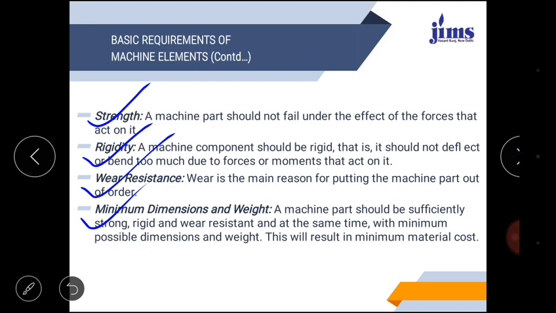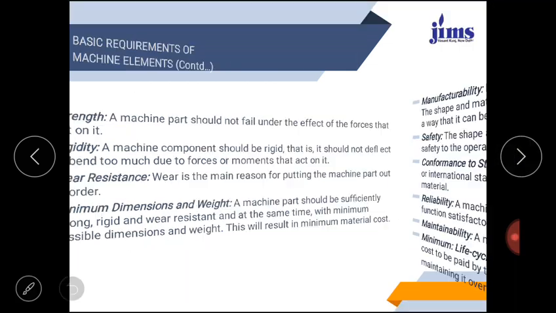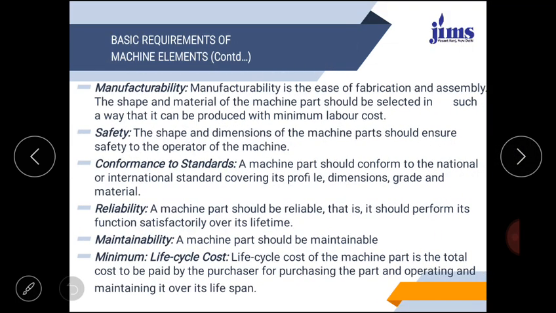In the next slide you will see another requirement, that is manufacturability. As the name suggests, it is the ability to be manufactured. Your dimensions and your shape should be in such a way that it is easy to manufacture, or its labor cost should be minimum.